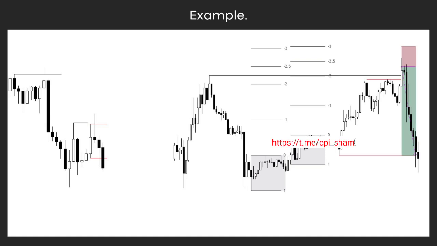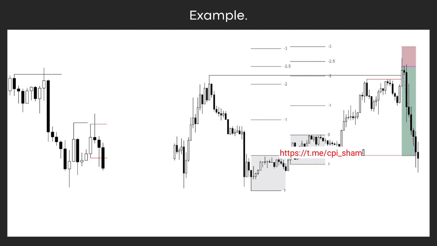What you can see right here is that the 2.5 standard deviation of both the CBDR and the Asian range align with each other just above this high, inside this high time frame order block. So after the candle range high was purged, instead of taking entry right away, we would have waited for price to reach that 2.5 standard deviation level, and that is exactly the level where we would have entered the trade.